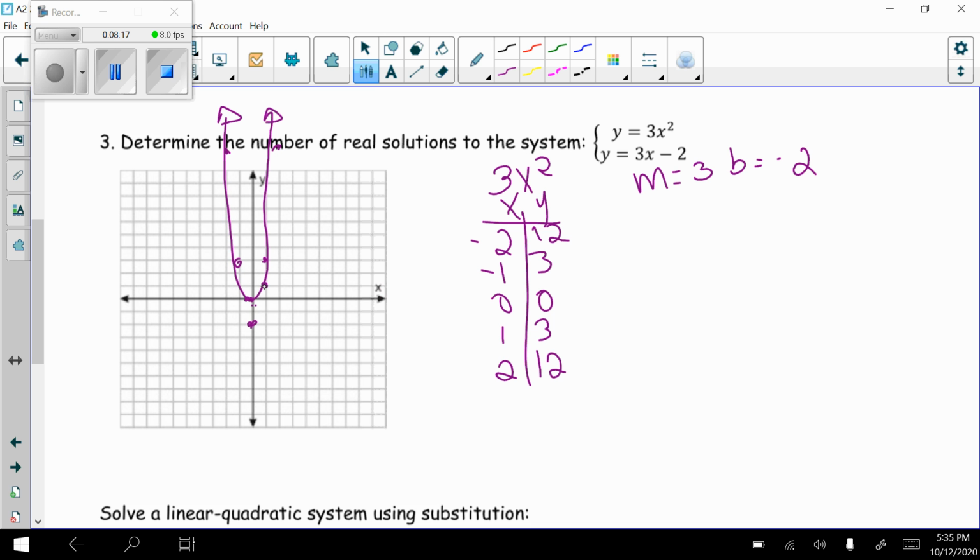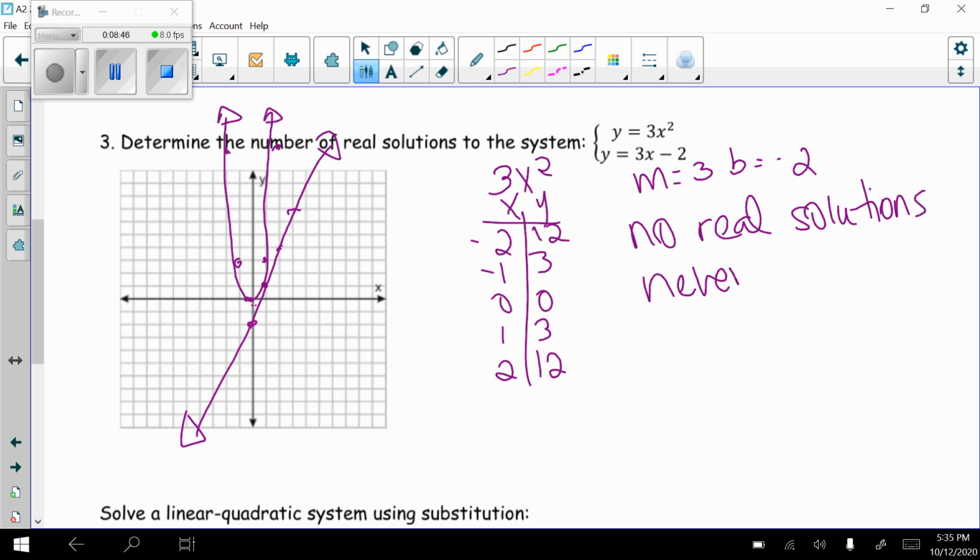So I see that I'm touching my parabola right there one time, up 3 over 1, and I can see that it's never going to touch the parabola again going out this way. So I have no real solutions because my graphs never intersect.